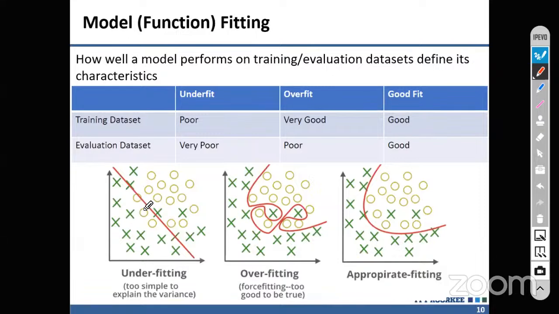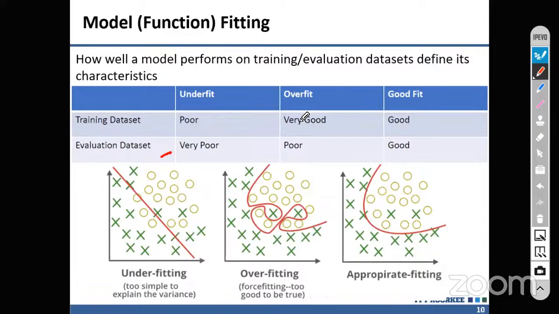This is called underfitting, meaning the separator's predictions are not good. This is not good on the training data set, and it is not good on the testing data set as well. So this kind of model is not good for training as well as for testing.